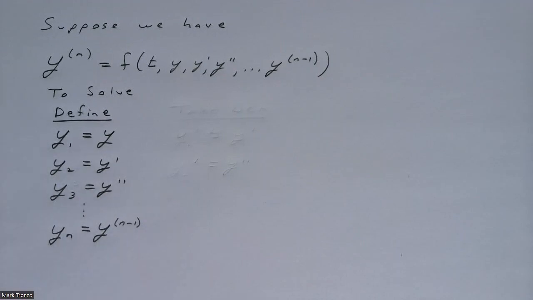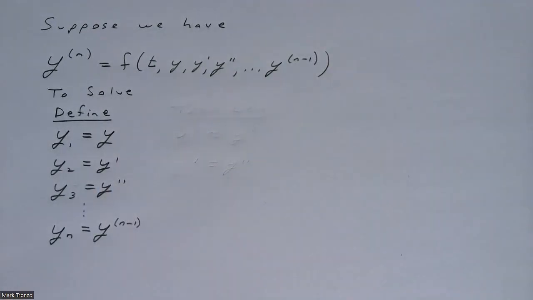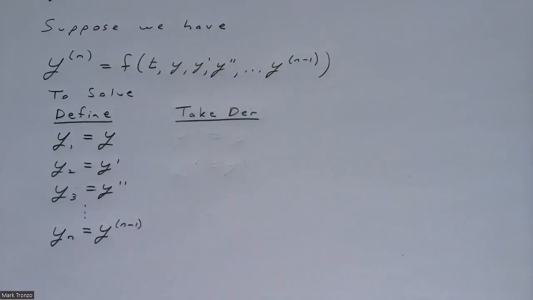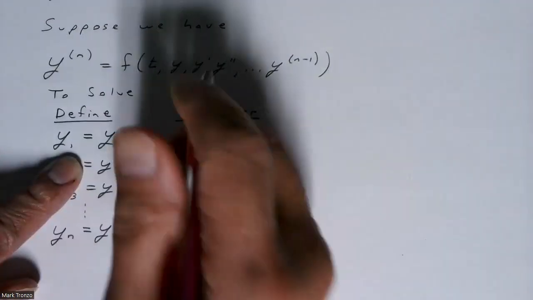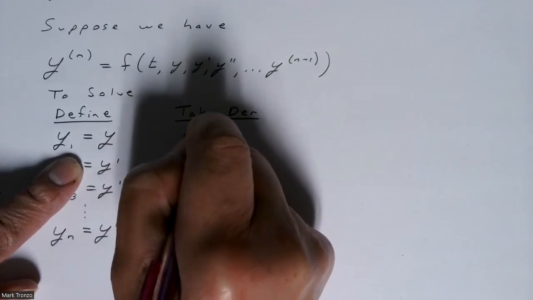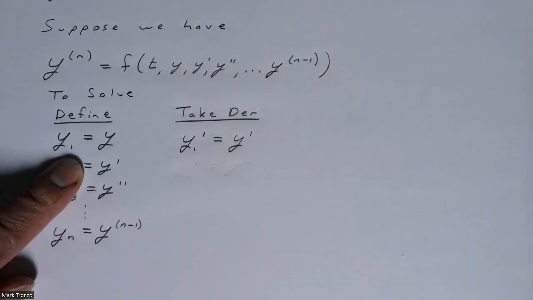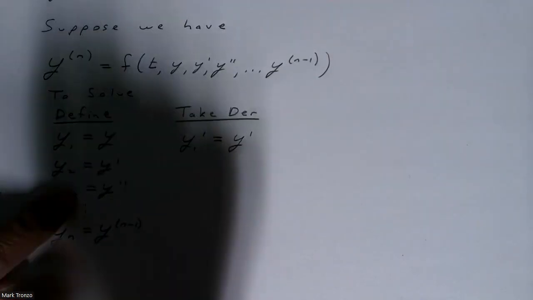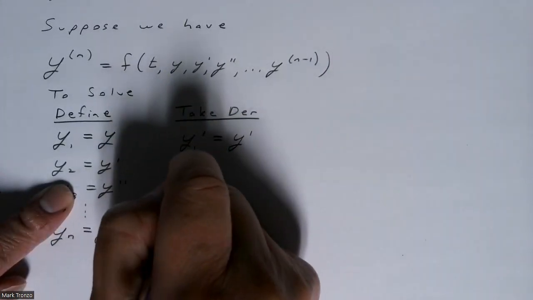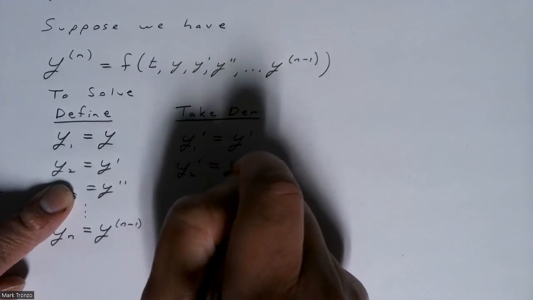Then the next thing we're going to do is take the derivatives of each of these. In other words, we're going to take the derivative of both sides of this, y prime, like this. Then take the derivative of both sides of this. And now if we do the left side, that'll make it y prime. The right side will be y double prime.